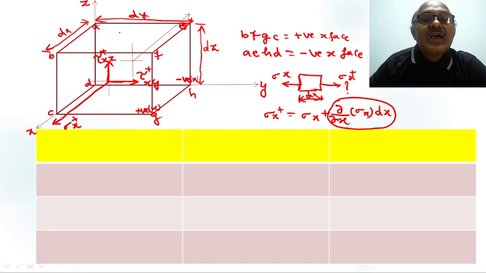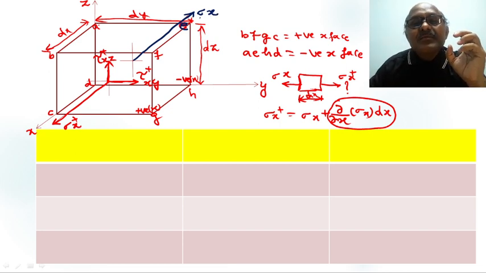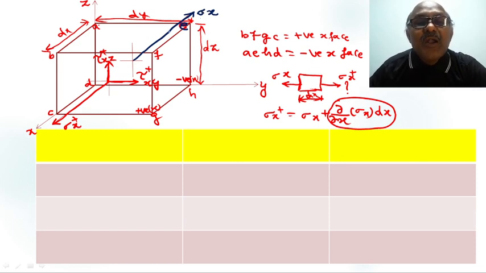Now coming to the negative x phase, AEHD, this is the negative x phase, my dear students. This stress is perpendicular to the negative x phase, so this is a normal stress. For representation of negative stresses, only sigma x, tau x, like that. Here it is perpendicular to this phase, so it is a normal stress.